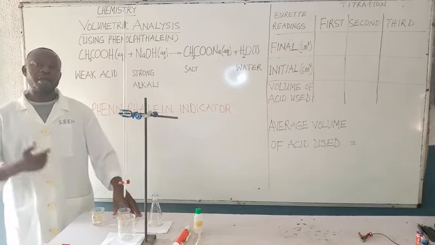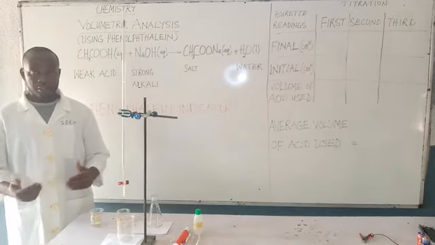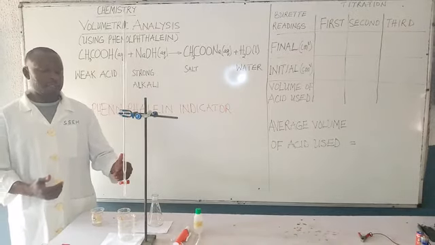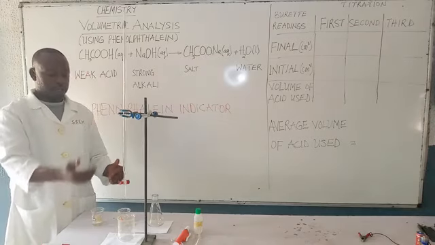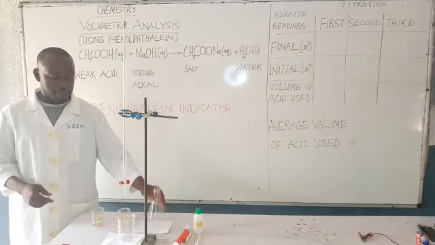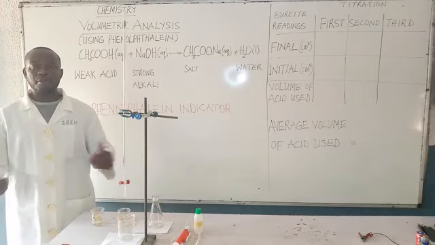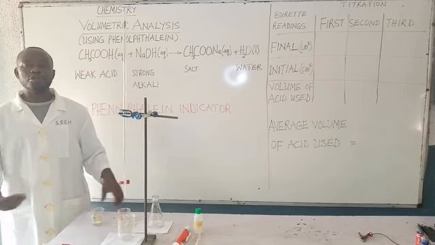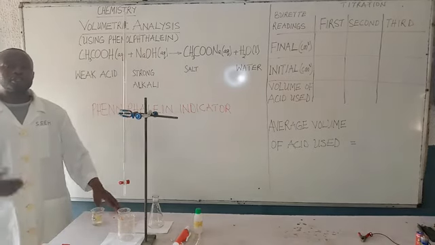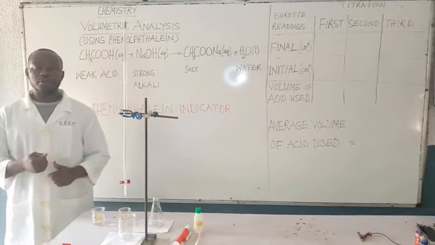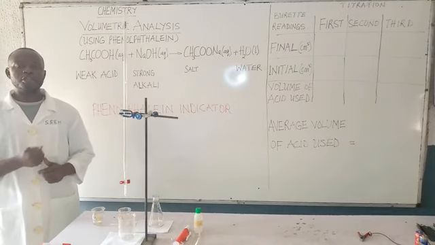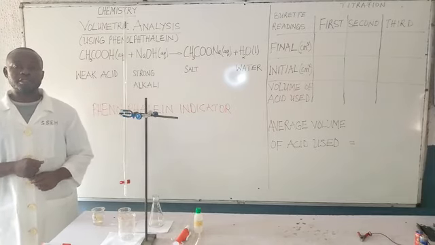So when you carry out neutralization, which is running the acid from the burette into the base that will be in the conical flask, the two are colorless. How do you know when the neutralization is complete so that you stop running the acid into the conical flask that contains the base?